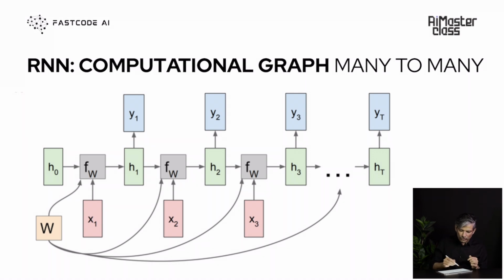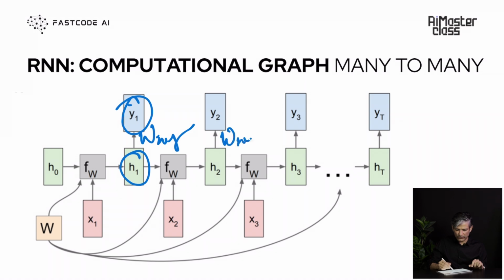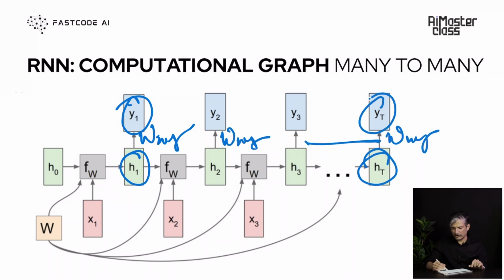And then you can choose to get output at one or many of these time steps, and again you only have this one WHY, the one that maps your H to Y. And this is the same again here also, all the way here, right? So it's the same that maps your HT to YT.